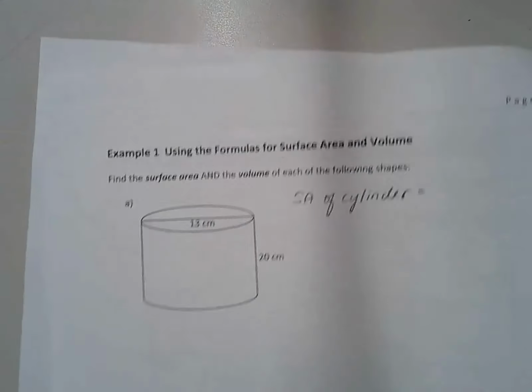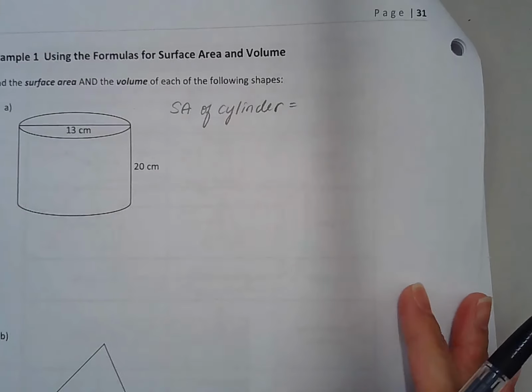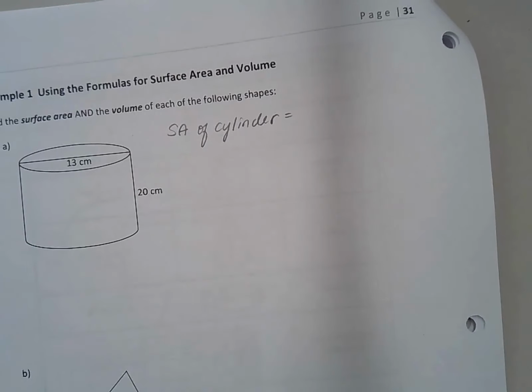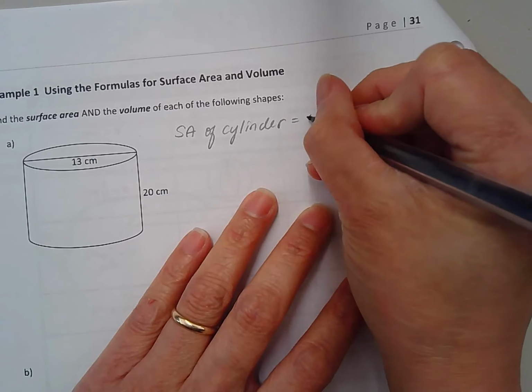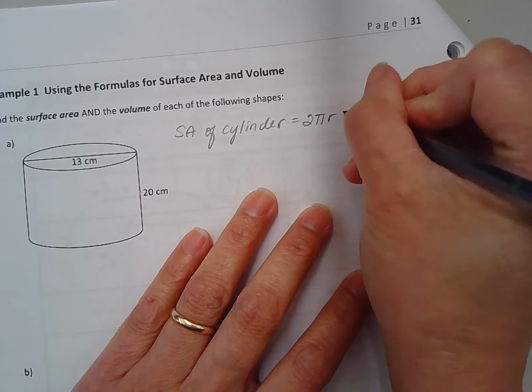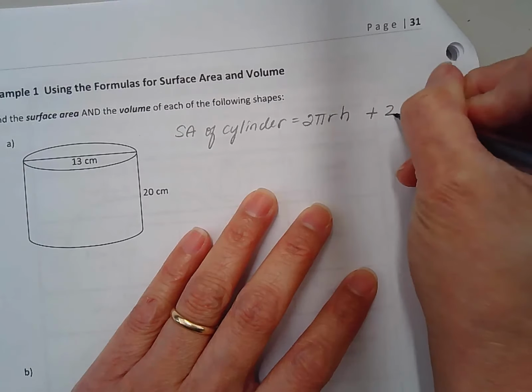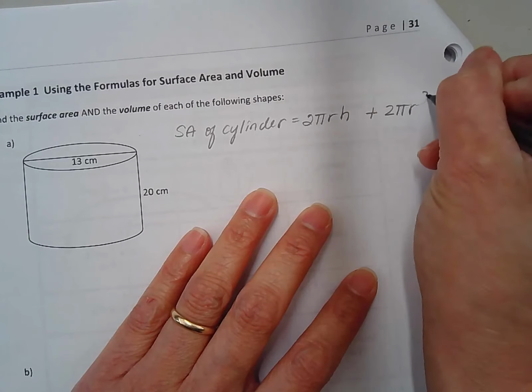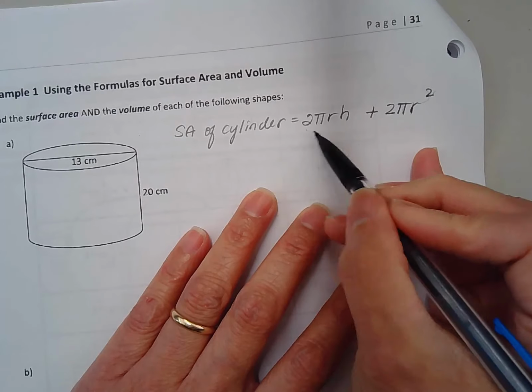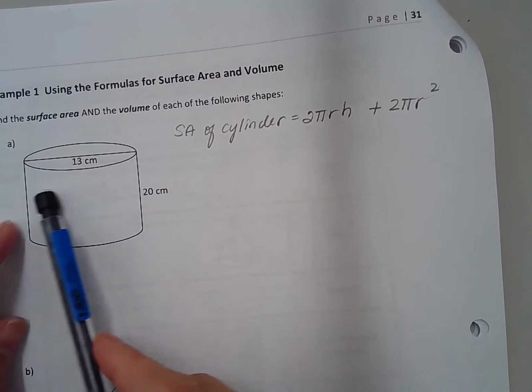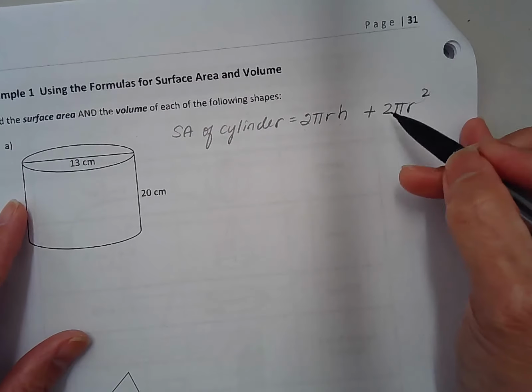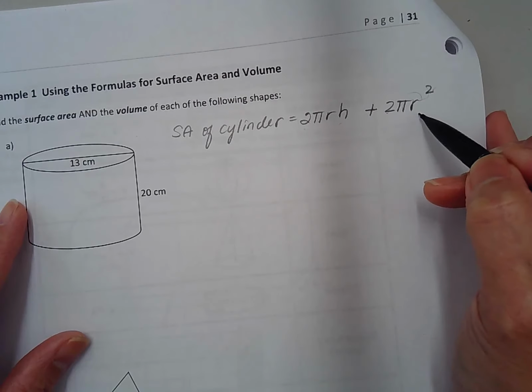The very first thing that I would ask you to do, and get into the habit of doing, is to write down the formula. So 2 pi RH plus 2 pi R squared. This is the side of the cylinder, and then this is the two circles on top and bottom.